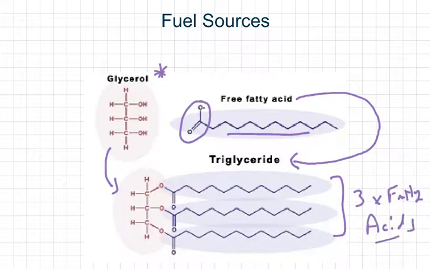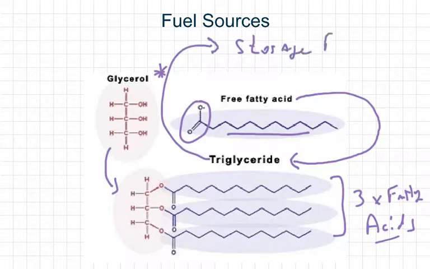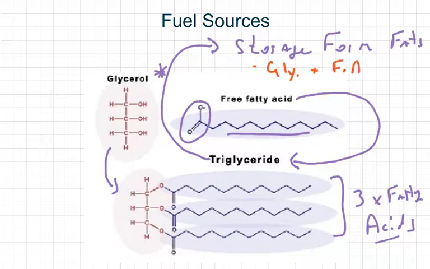And triglycerides are the storage form of fats in the human body. The process of breaking down triglycerides into its subcomponents of glycerol and fatty acids, which we're going to call FAs, is what we call lipolysis.